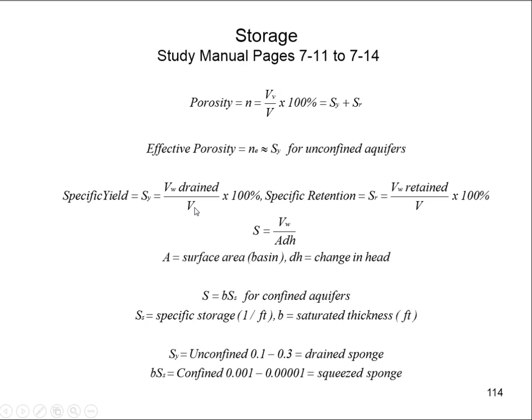So if I have a sponge that is saturated and I put it on a clothesline and let it drip, drip, drip and collect that water, that's going to be my specific yield. There's still going to be water in the pore spaces in the sponge. So that is my specific retention. So if you add the specific retention plus the specific yield, you get a measure of the full porosity.